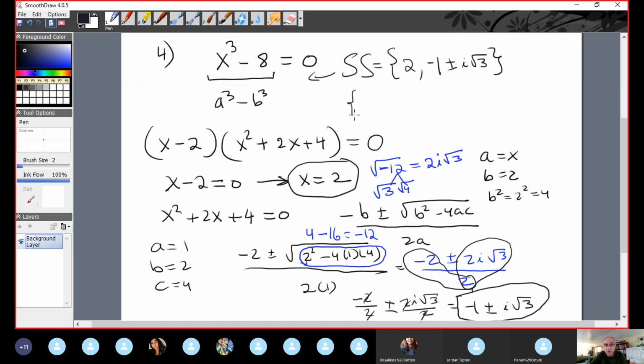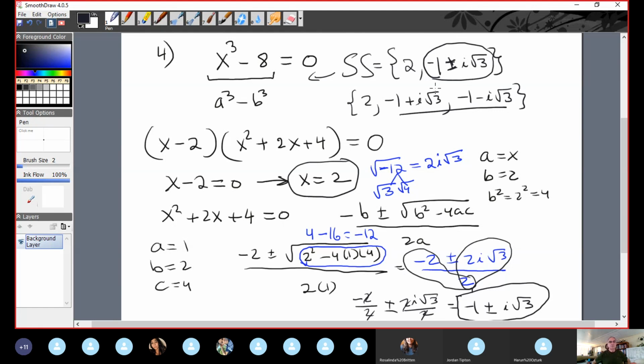Or another student prefers to separate them like negative 1 plus i radical 3, comma, negative 1 minus i radical 3. It's the same. We can write them separately or condense into only one using this sign that represents the double sign, plus or minus.